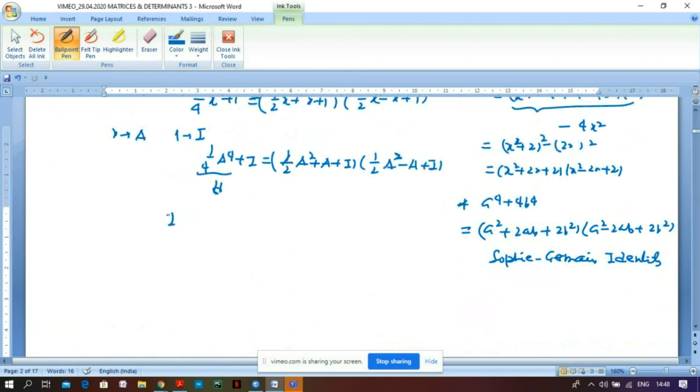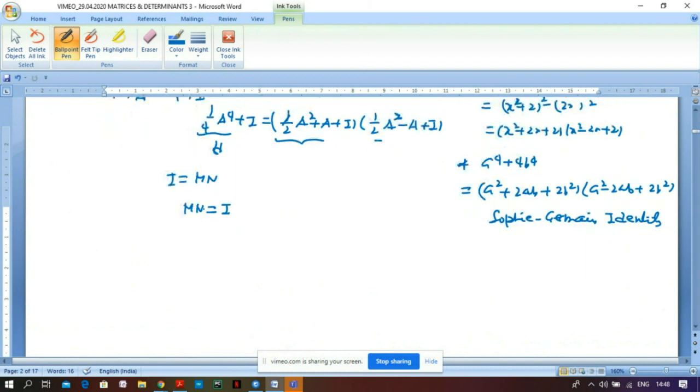And so you have I equals, this was given to be m and this was given to be n. So I equals mn. Let us write mn equal to I in this form. Now this tells you that both m and n are inverse of each other.